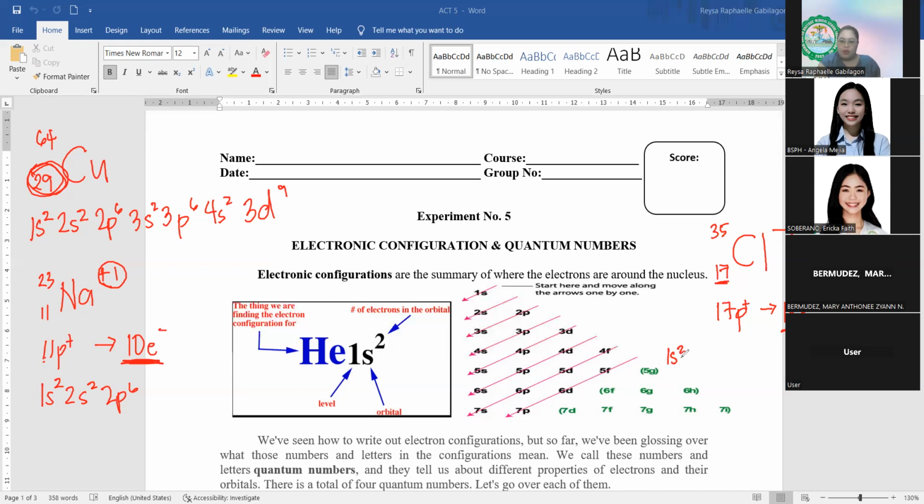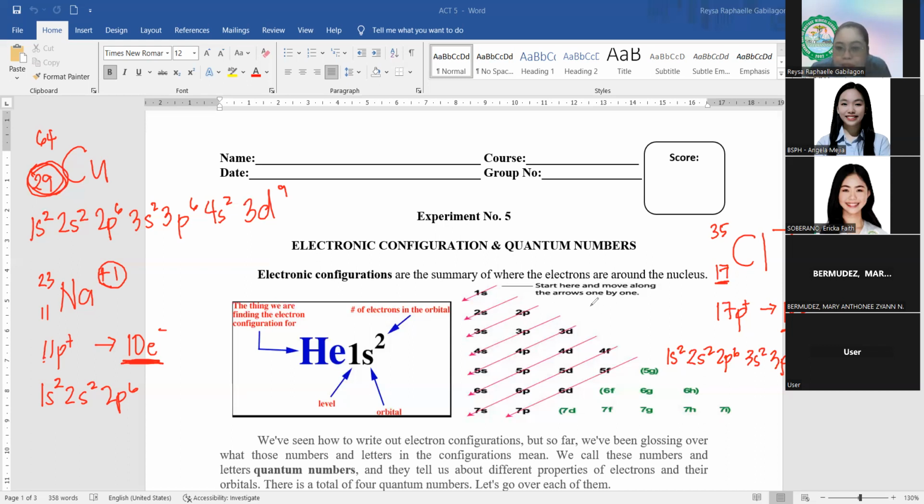So ganito pa rin ang sequence, 1s2, 2s2, 2p6, 3s2, and then 3p2, 4, 10, 12, kulang na 6. So magiging 3p6 na siya. Kanina kasi it was 3p5. So ngayon pag nagkaroon siya ng charge, it's 3p6. Okay? So that is for the electron configuration.